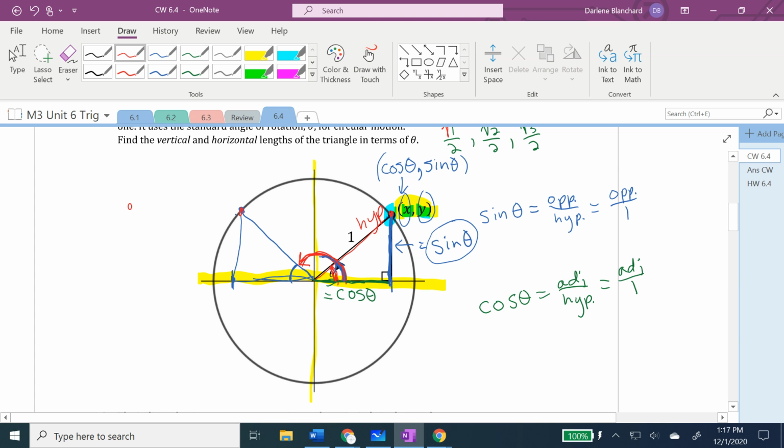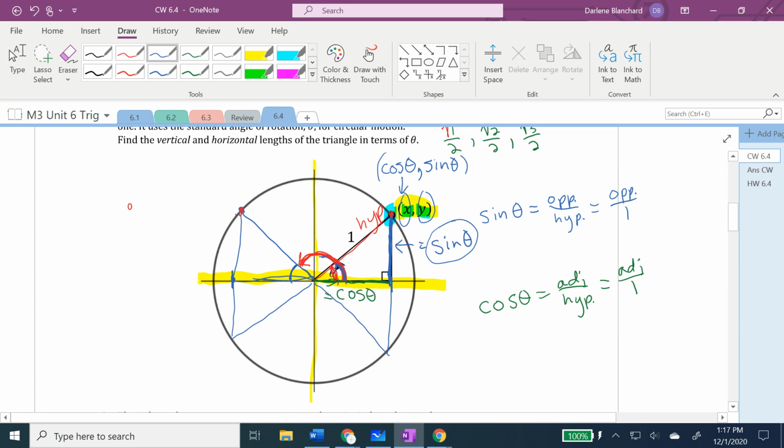This angle and this angle have opposite valued cosines. And then I can go on into quadrants 3 and 4 and do the same thing.